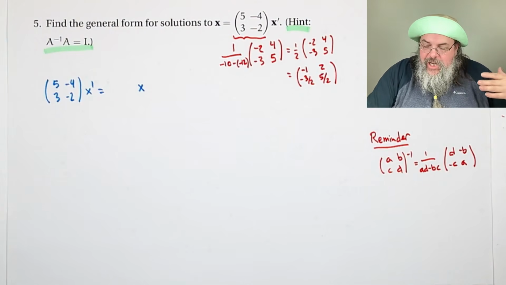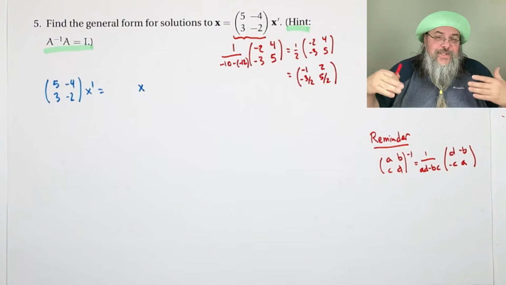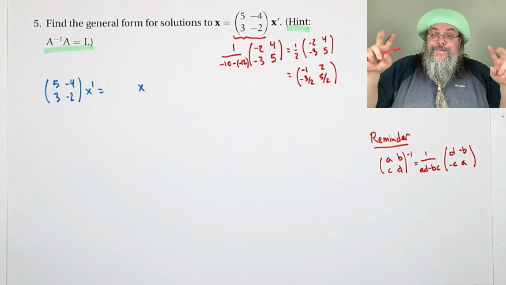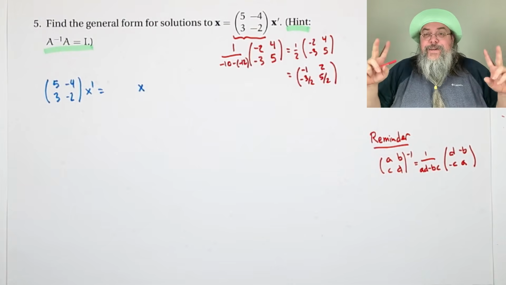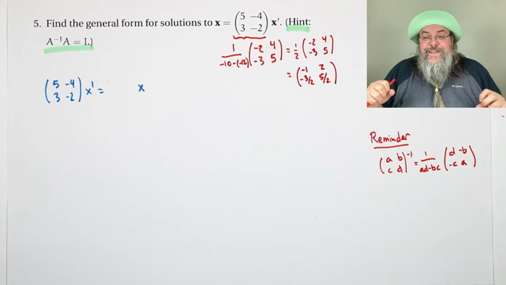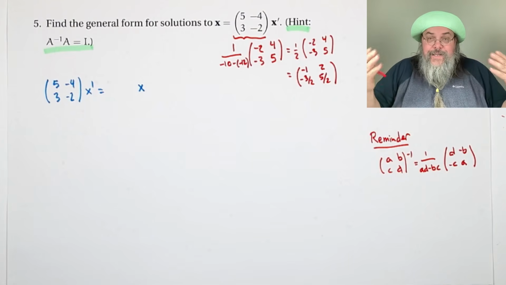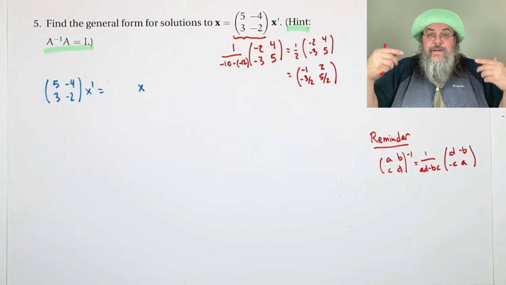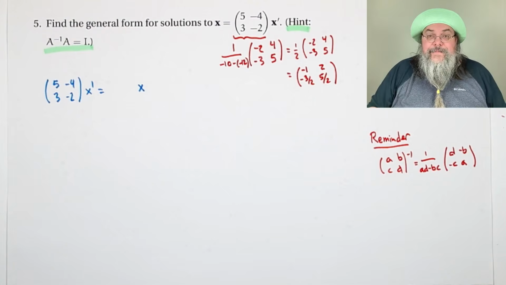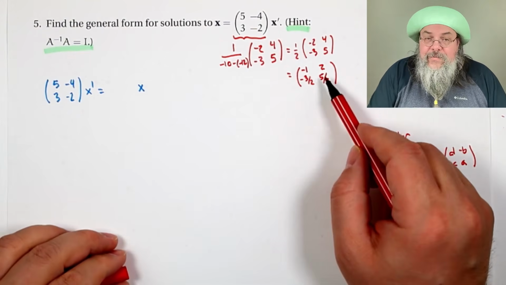Now, if these weren't matrices, these were numbers, we'd say, let's divide out. So we're going to do that. But what does divide out mean? Divide out means multiply by the inverse. Right? If I want to divide by 2, multiply by the inverse of 2, multiply by half. So we've actually computed the inverse already.